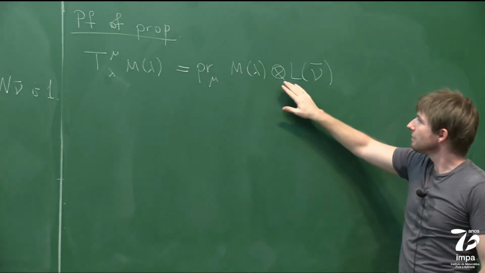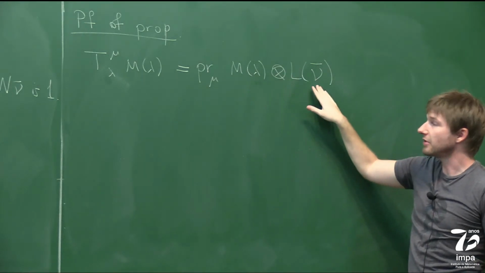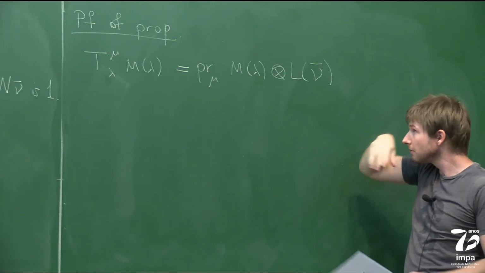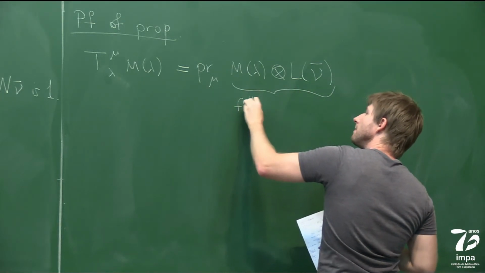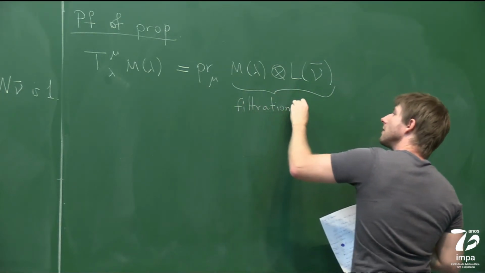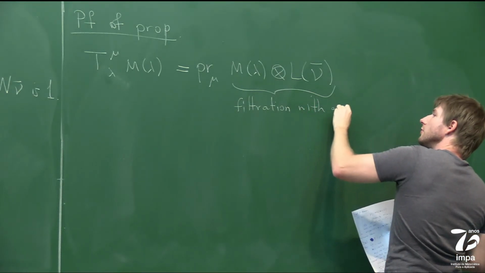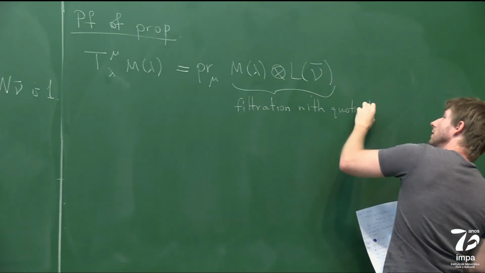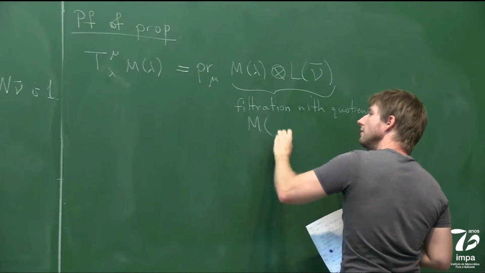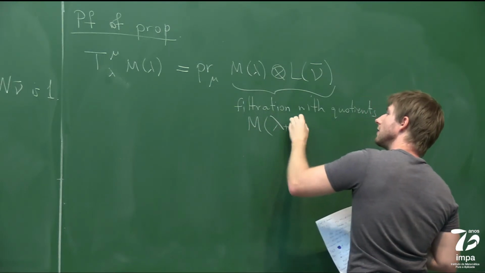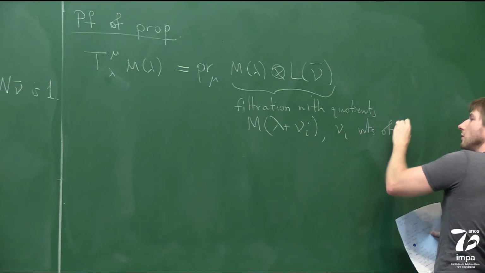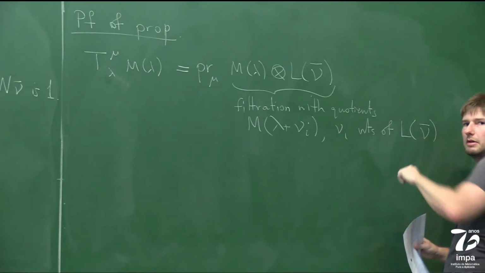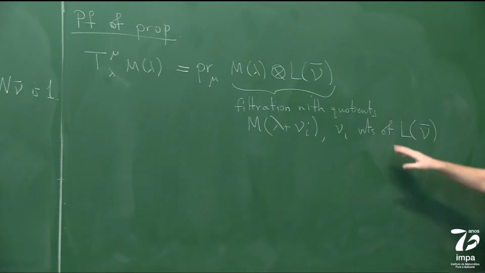Okay, so this is the definition. Now we're taking a Verma, tensoring it with a finite dimensional module. So this has a filtration with quotients Vermas lambda plus weights of L lambda bar, nu bar, right?